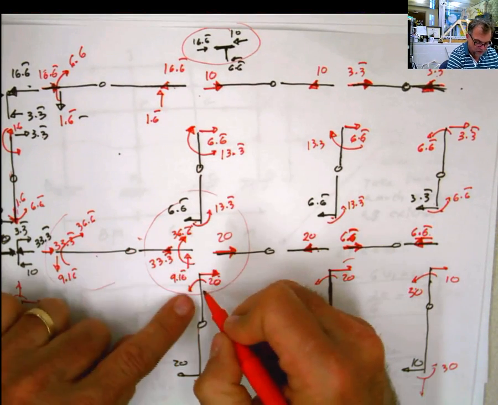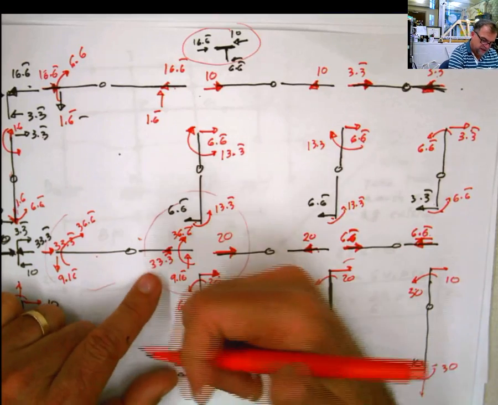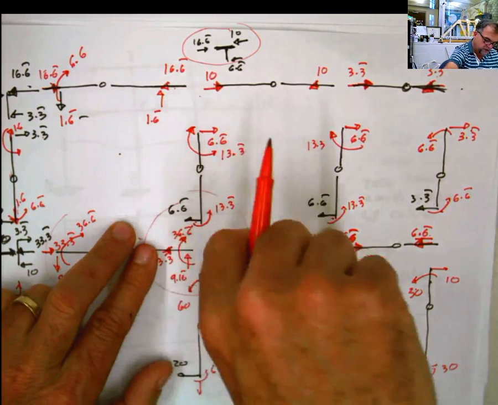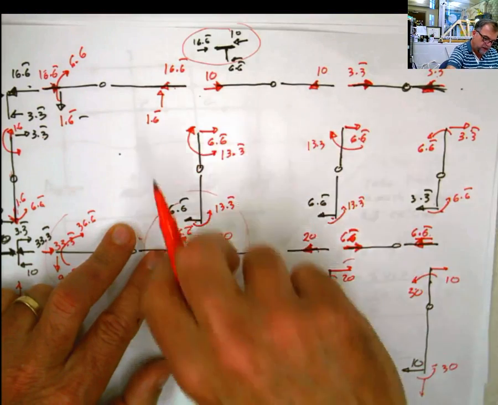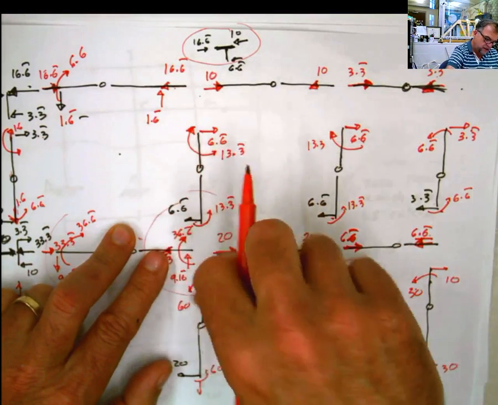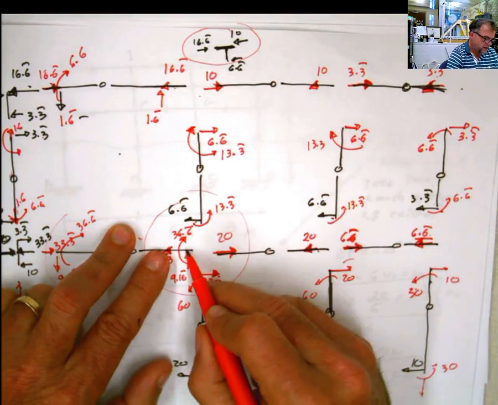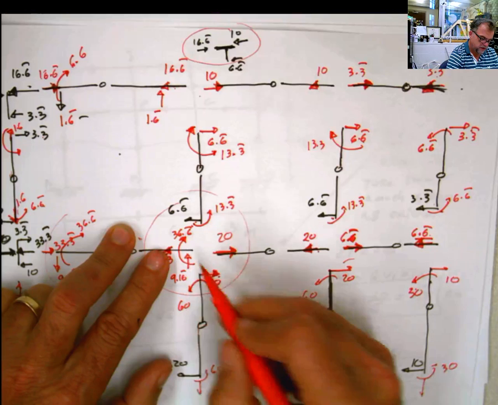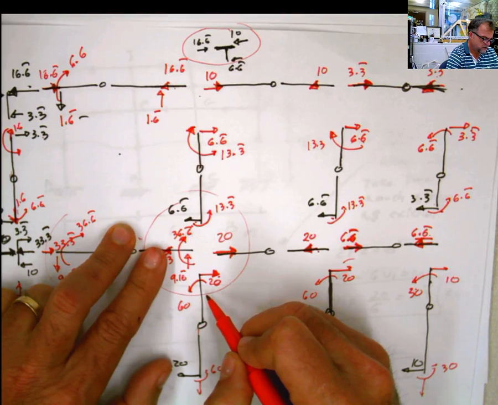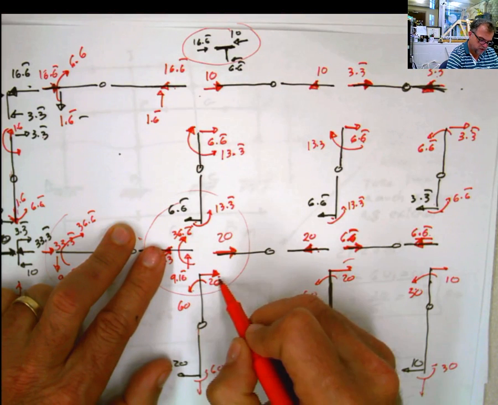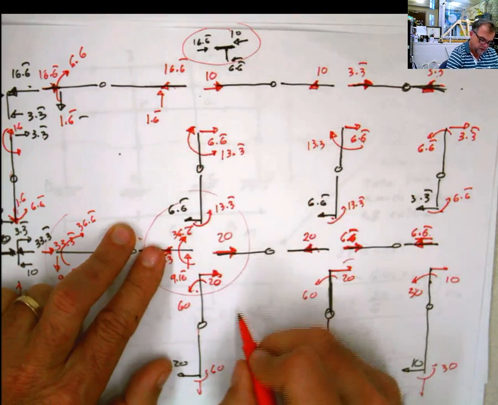Now if I know this moment, and I know that moment, and I know that moment, I can know this moment. This is what? 60 in this direction, 36.6 in the other direction, 13.3 in that direction. This is 33.3, 36.6 in this other direction. So you have, this is 60, not 20, 60. 20 is this reaction. Let me do it here.